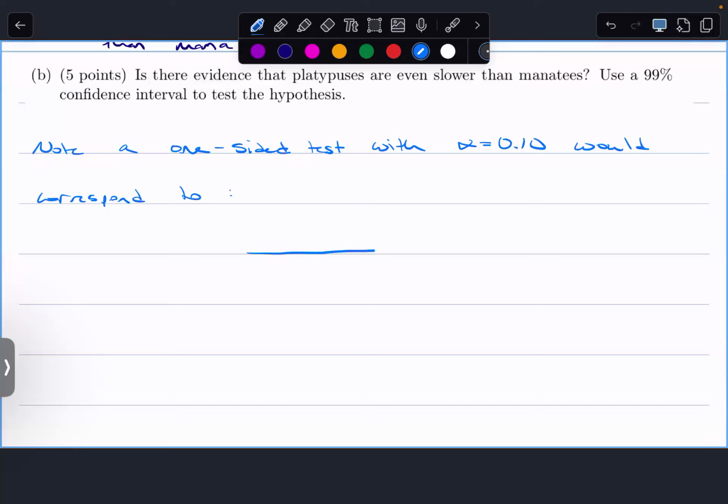I'm forcing the area in one of the tails to be 0.1, but to make an interval, I would also need this area to be 0.1. This would correspond to an 80% confidence interval. Those results would match.